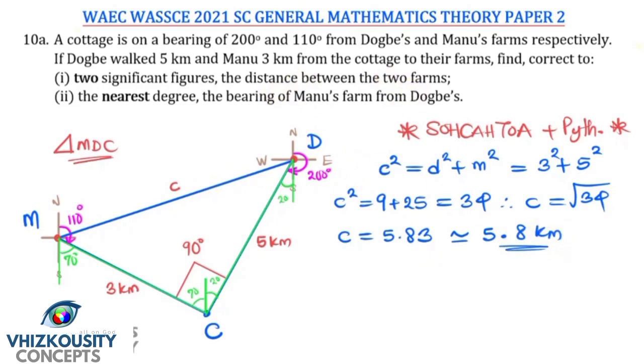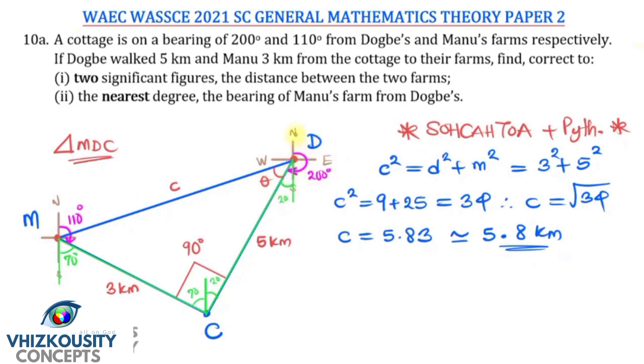So that is the very first thing. In the second case, we were asked to find, to the nearest degree, the bearing of Manu's farm from Dogbe's. So this is Dogbe's farm, and we need to get the bearing of Manu's farm from Dogbe. Already we have seen that from Dogbe to the cottage is 200. If we can get this particular angle, let me call that theta, we will see that the bearing of Manu's farm from Dogbe's farm will be the 200 that we got initially plus theta.